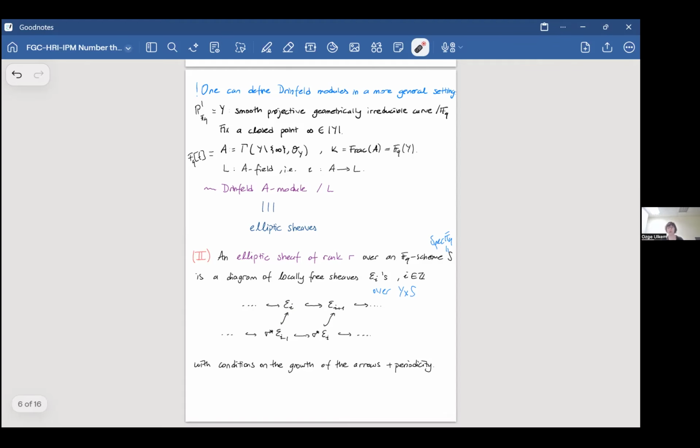You have no new object. And that's how you pass from an elliptic sheaf to a Drinfeld module. You have an elliptic sheaf, which means you have a vector bundle and you are modifying. If you forget the modifications, if you look away from infinity, you just have a module. And that's it.